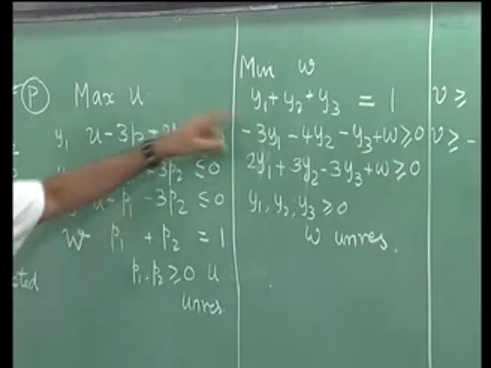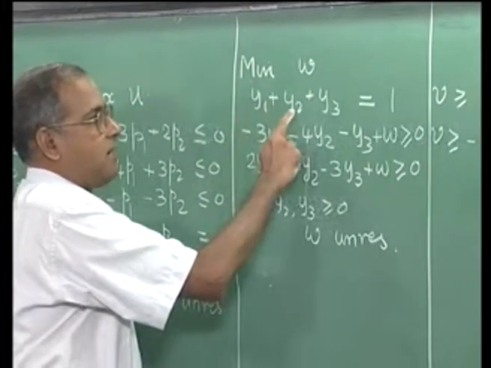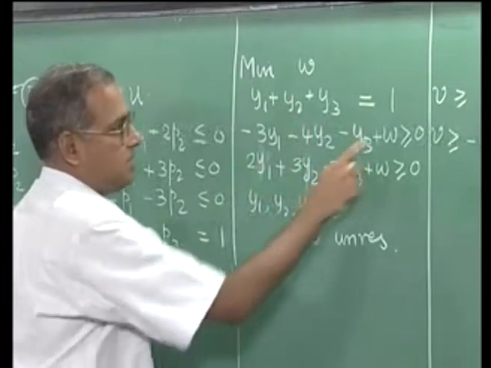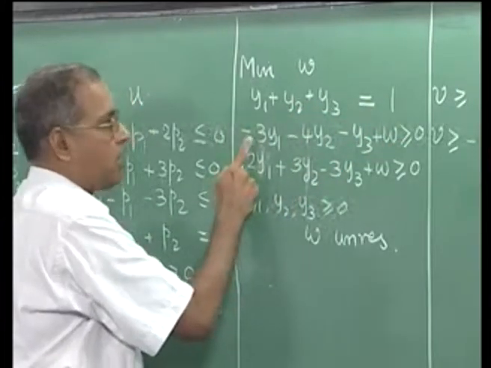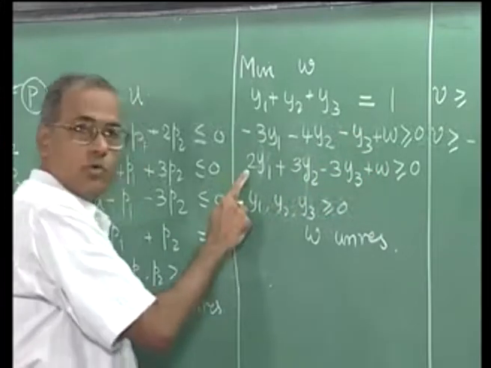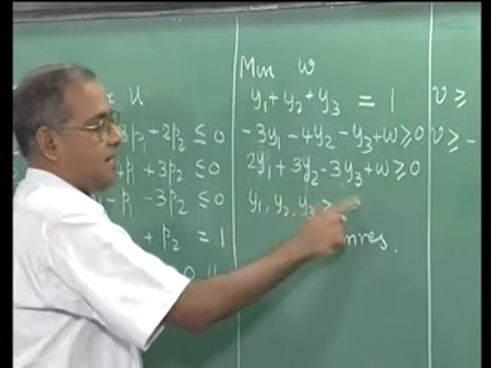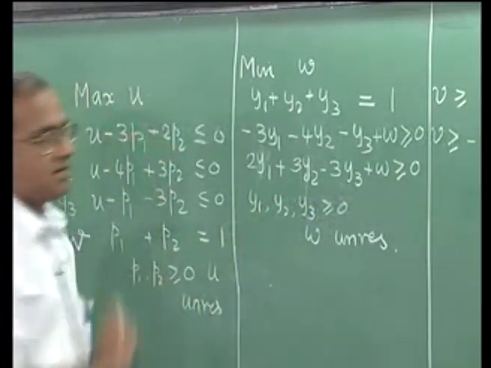Now we can rewrite this as minimize w, y1 plus y2 plus y3 equal to 1, w greater than or equal to 3y1 plus 4y2 plus y3, w greater than or equal to minus 2y1 minus 3y2 plus 3y3, y1, y2, y3 greater than or equal to 0, w unrestricted.